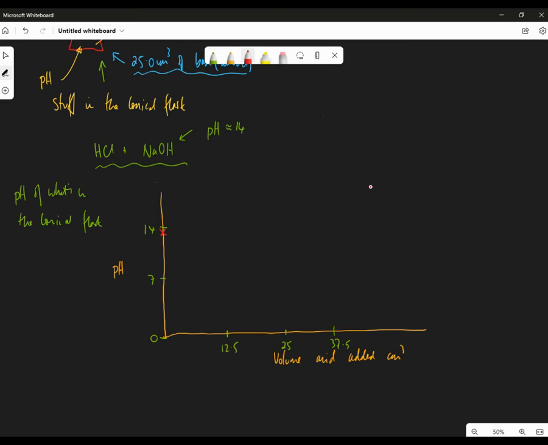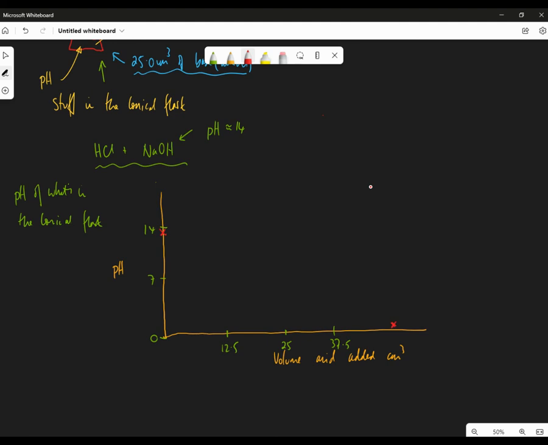Don't forget we're measuring what's in the flask. We're adding acid, and we're going to add acid to excess. So once all the alkali has reacted, I'm going to continue adding acid. So it's going to end up as a pH of about 1, isn't it? So it's going to end up about here when I've added a lot of acid.